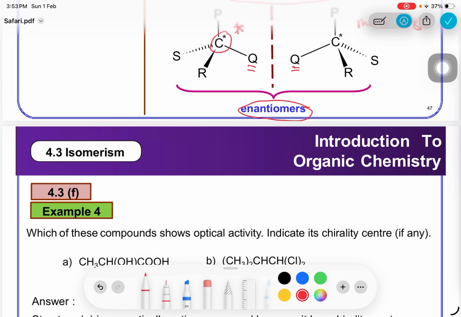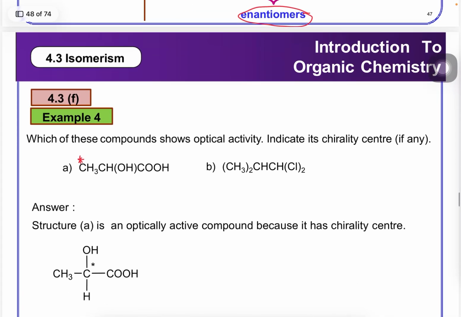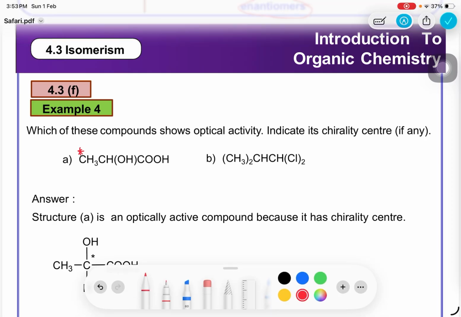So look at the first compound. The first carbon consists of 4 bonds, but very obviously we can see this carbon is bonded to 3 hydrogens, which are similar. So this is not a chiral carbon. And then the second carbon is bonded to hydrogen, OH, COOH, and CH3.